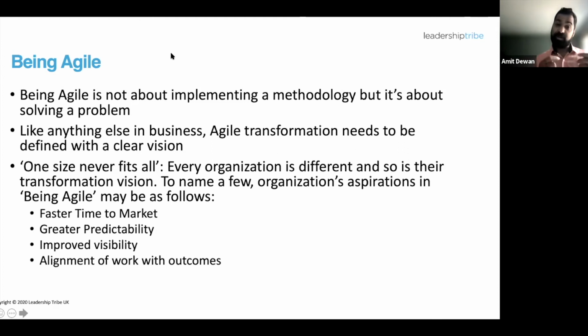Are we building the right product, or is it going to the market on time? Quality. The level of visibility that a stakeholder might care about might be very different than what a team, a scrum master, or a product owner may care about. So again, those are the different levels of visibility that are important. And a stakeholder may need a different level of visibility and may care about other aspects as opposed to a team member or someone in between.